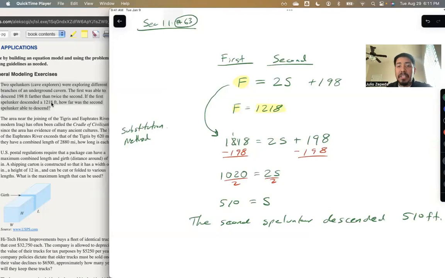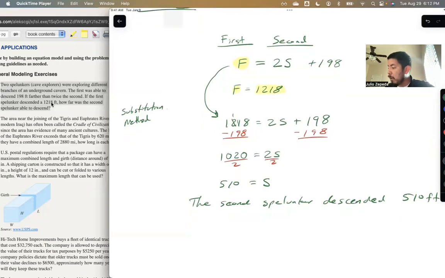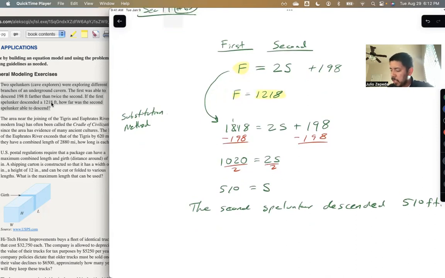Now, we could check this. This is not required as part of our solution, but to check, what can we do? Let's go ahead and double this quantity, because we were told that the first was able to descend 198 feet more than twice the second. So if we take twice the second and then add 198 feet to that, we should get the value that the first spelunker descended.